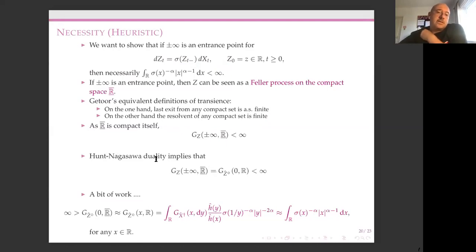But on the other hand, this Hunt-Nagasawa duality says, well, my occupation of the whole domain, again apologies, there should be a dagger here, my occupation of the whole domain until first hitting the origin when entering at plus minus infinity, if I time reverse that and look at what's going on in reverse, I've hit the origin, so I start at the origin and then I blow up to plus minus infinity. So my occupation moving forward in time, starting from plus minus infinity, must be my occupation moving backwards in time, starting from 0.